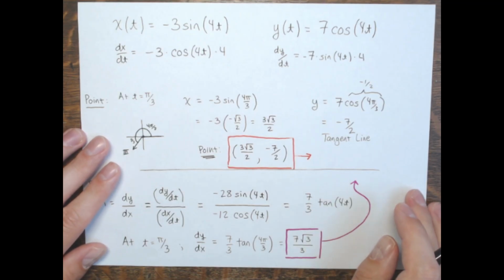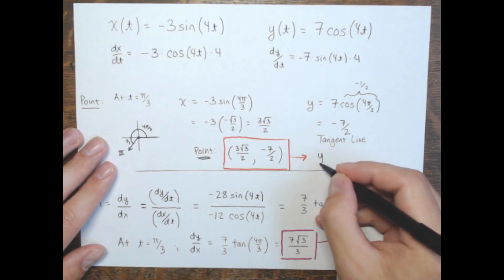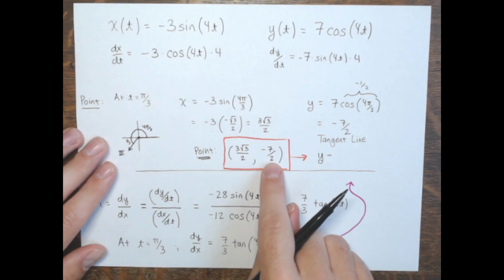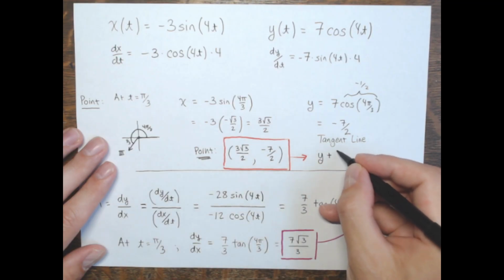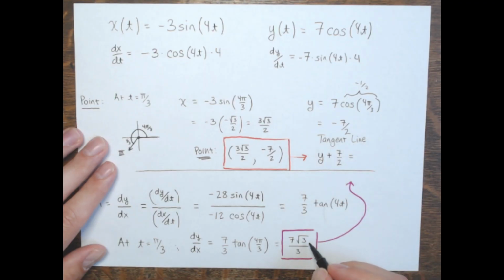Now I'm going to put this in point slope form to start. So that's y minus the y coordinate of our point. So y minus negative 7/2, that'd be y plus 7/2, equals the slope, right, our derivative here.